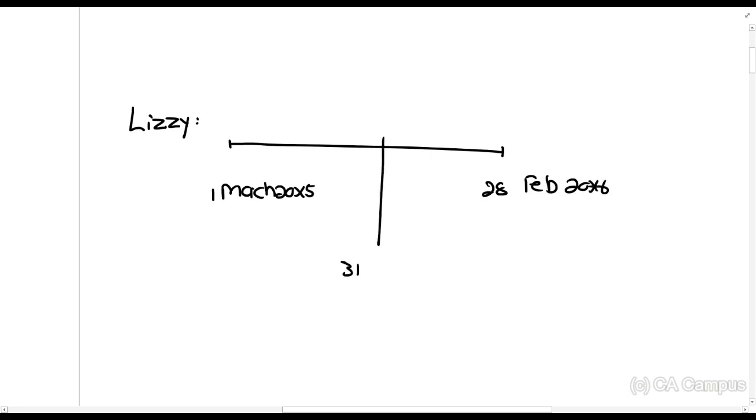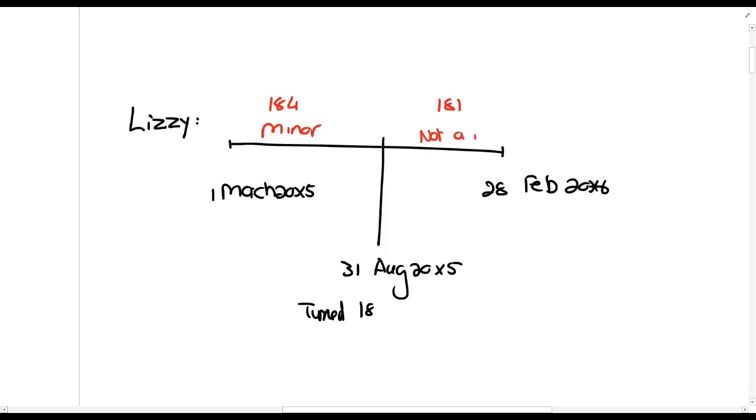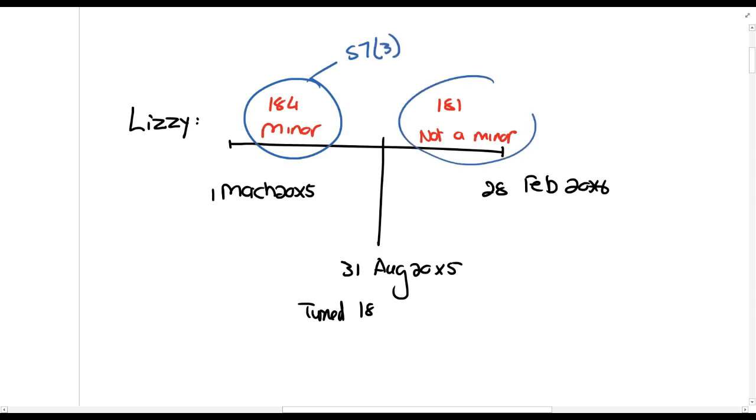On the 31st of August 20x5, she turned 18. So what that means is for 184 days she was a minor, and for 181 days she was not a minor. And then, so that means during this period, section 7.3 can apply, and during this period, section 7.3 may not apply.